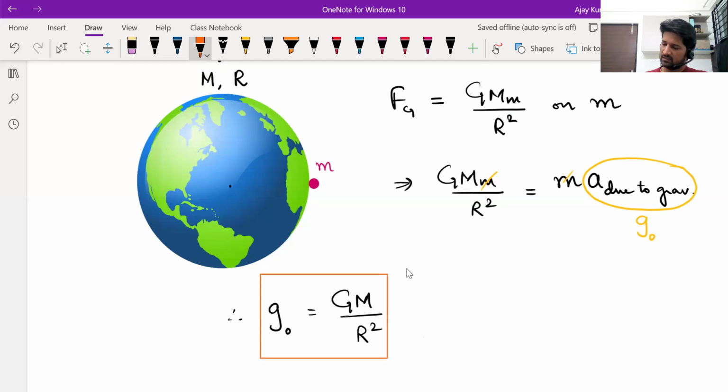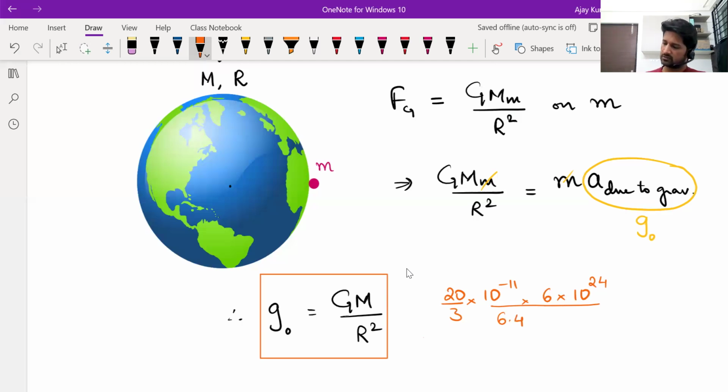Now, G is 6.67 into 10 power minus 11. I asked you to take it as 20 by 3 while doing calculations. That is G in SI units. Mass of the earth is about 6 into 10 to the power of 24 kg divided by radius of earth, 6,400 kilometers. So that becomes 6.4. 6,400 itself is 6.4 into 1000.